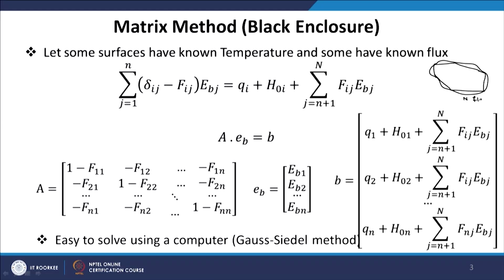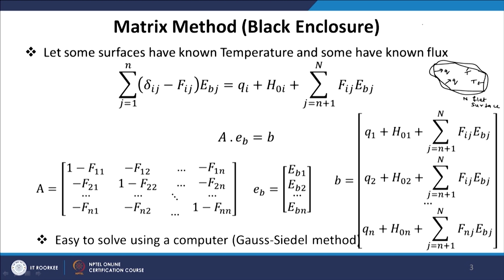So, if there are N flat surfaces into which we have divided the enclosure, some of these surfaces have known heat flux value. So, on some of the surfaces the Q is known, while on some other surfaces the temperature may be known, and the heat flux may be unknown.